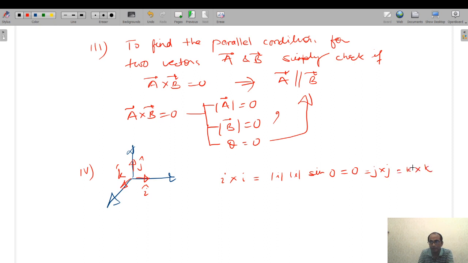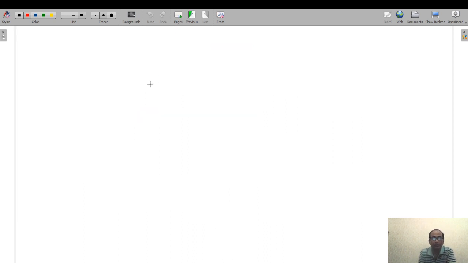So any vector which is cross multiplied by itself, its value is 0. So first let us note this point. i cross i is equal to 0, j cross j is equal to 0, and k cross k is equal to 0. Okay, so next let us see what is i cross j, j cross k, and k cross i.